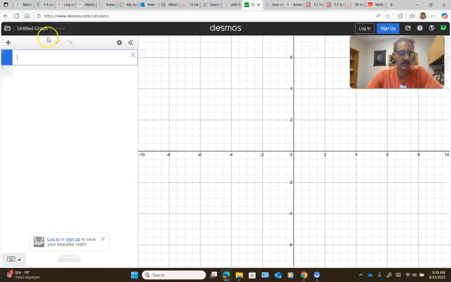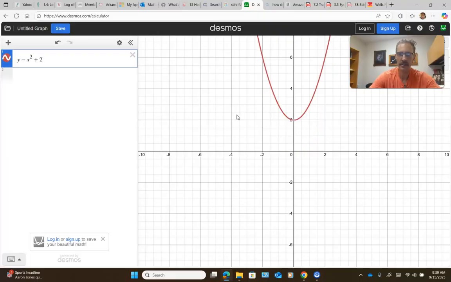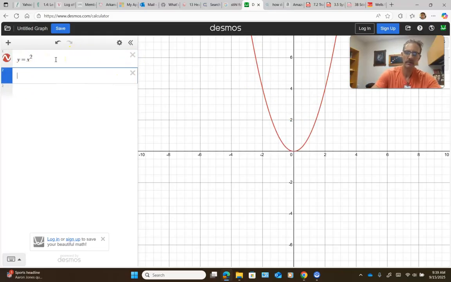So I'm going to pull up Desmos here, and we're going to type in y equals x squared. Alright, now let's look and see what happens if I add a number to this. Actually, why don't we have the basic function graphed, and then we'll do another one in which we do some transformations.